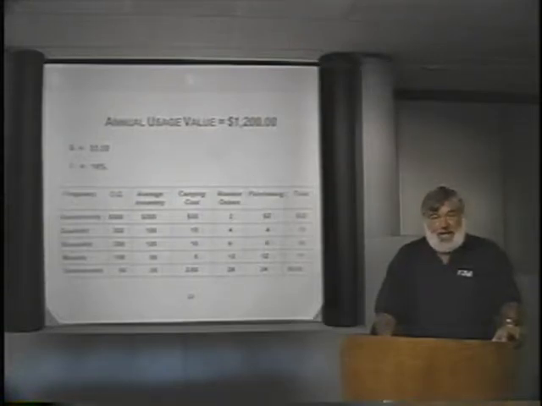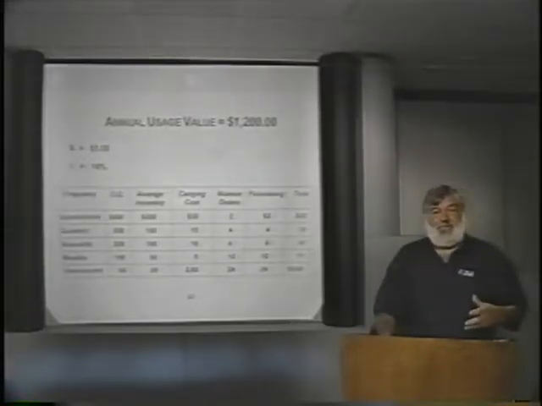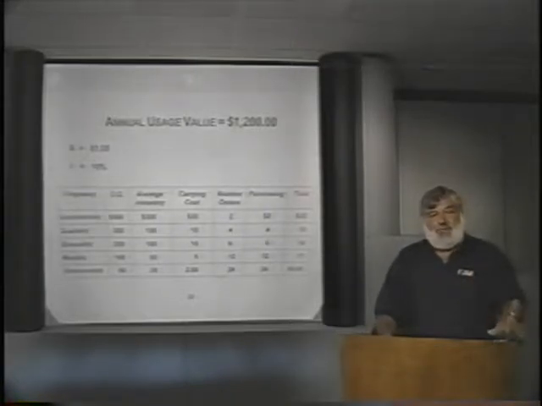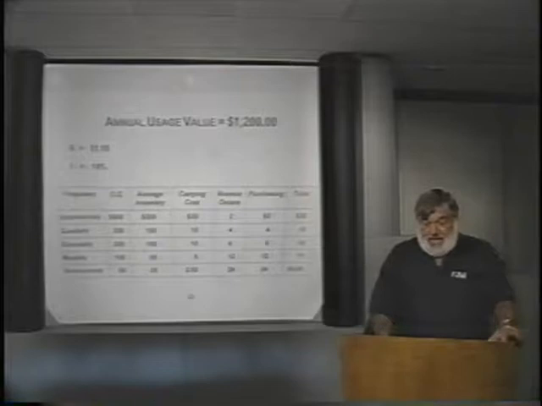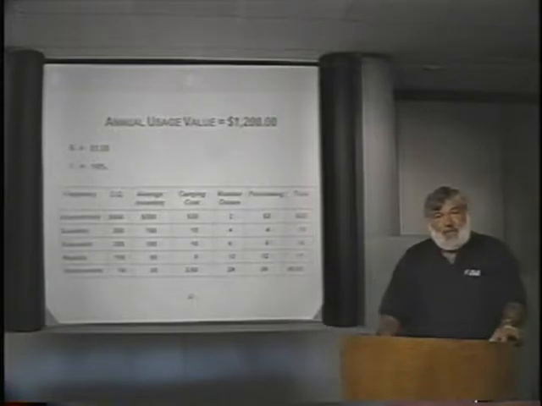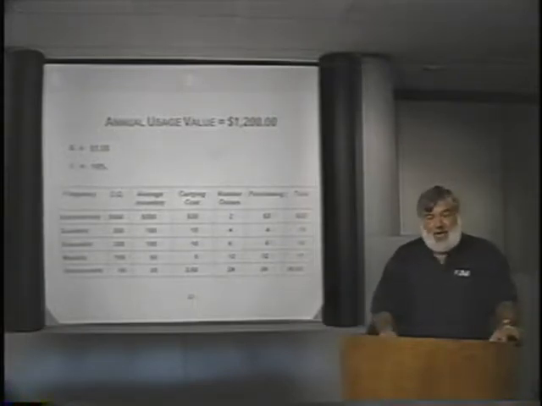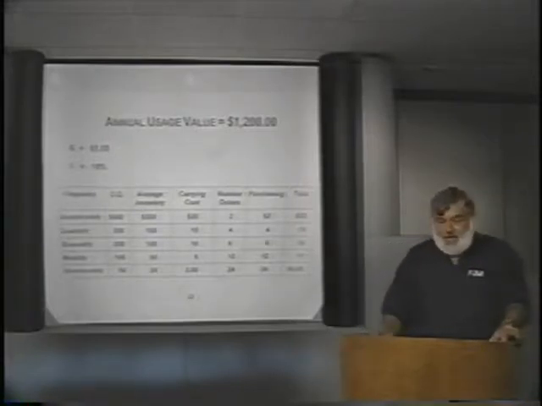If I multiply the average inventory by 10%, and remember in computations we take the percentage and convert it into its decimal equivalent. So if I multiplied $300 of average inventory times 0.10, I get $30 of carrying cost. And therefore I continue the balance of the 4 other methods of ordering.